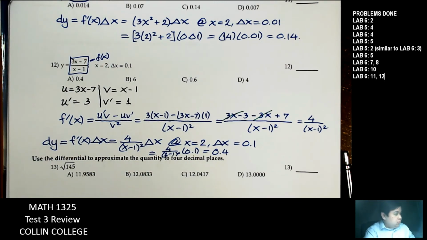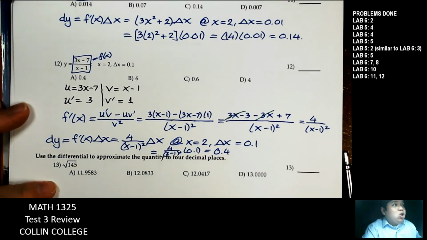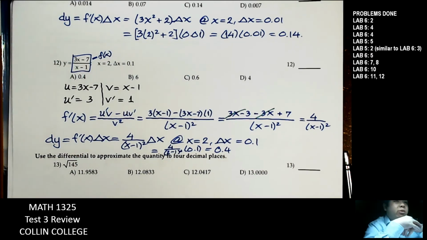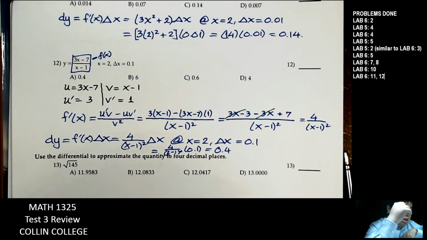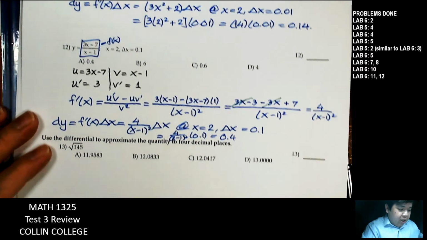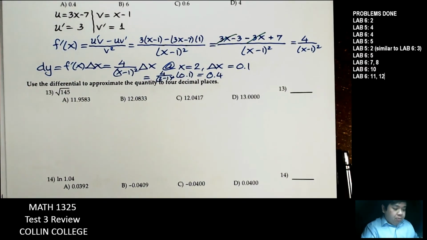At x equal to 2, delta x equal to 0.1. So put 2 and 0.1 into it. So 2 minus 1 is 1, 4 is still 4, so 0.4.